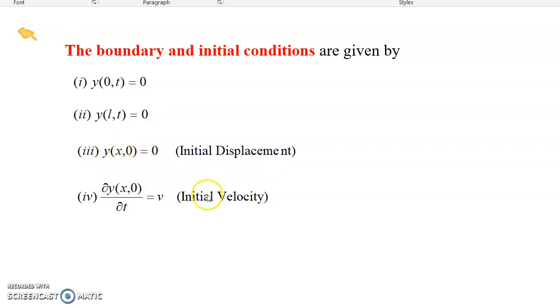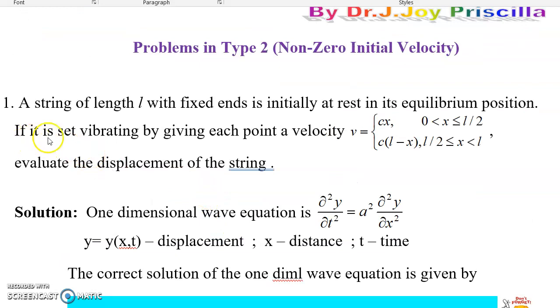And let us see how we get the last one. If it is set vibrating by giving each point a velocity, this velocity will be the starting velocity, because before starting the vibrations they are setting this as the starting velocity for the string. So this is the initial velocity.